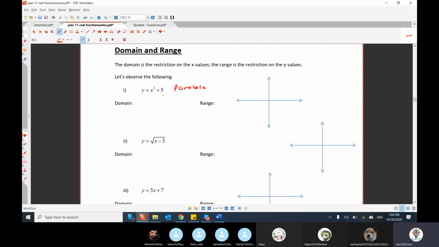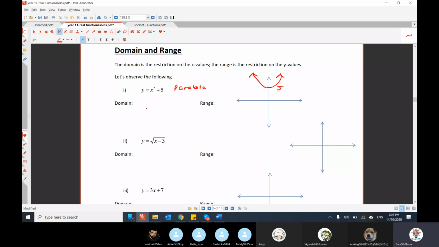To the left. Wait, it's shifted up. Yeah, up. Okay.